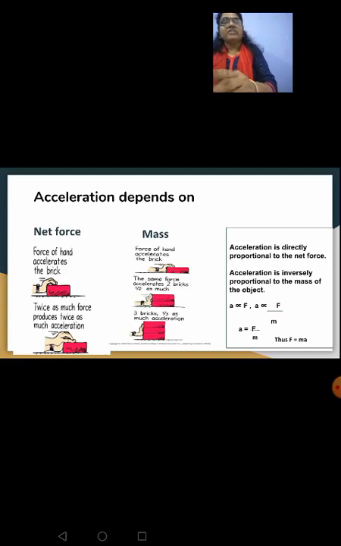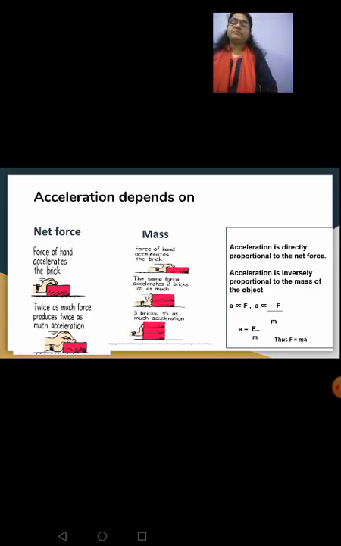Now when you increase the mass by increasing the number of bricks to 3, the acceleration reduces further and the distance is also reduced. So when you apply the same amount of force while increasing the mass, the acceleration reduces.